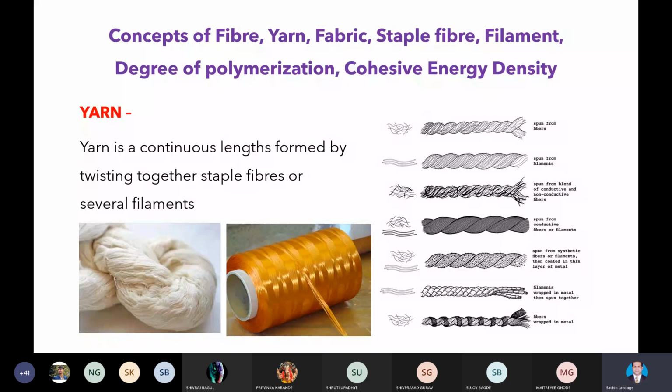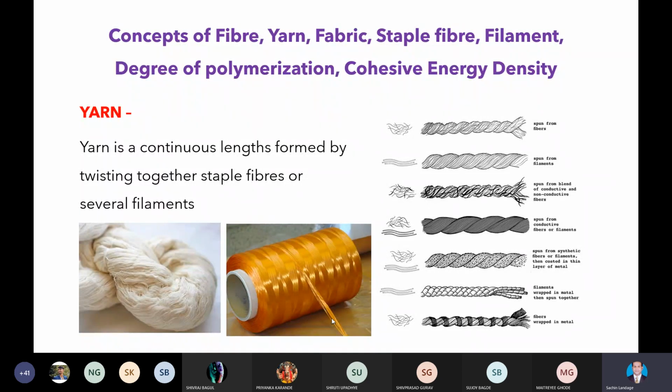In spinning we apply pressure and twist, so the fibers get twisted, and because of the twist there is entanglement, and the fibers get entangled with each other, giving us a continuous length. So yarn is a continuous length formed by twisting together staple fibers or several filaments.